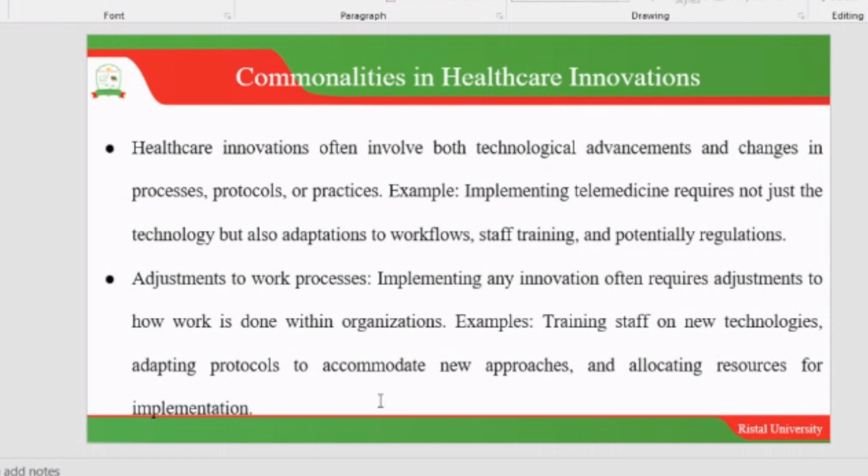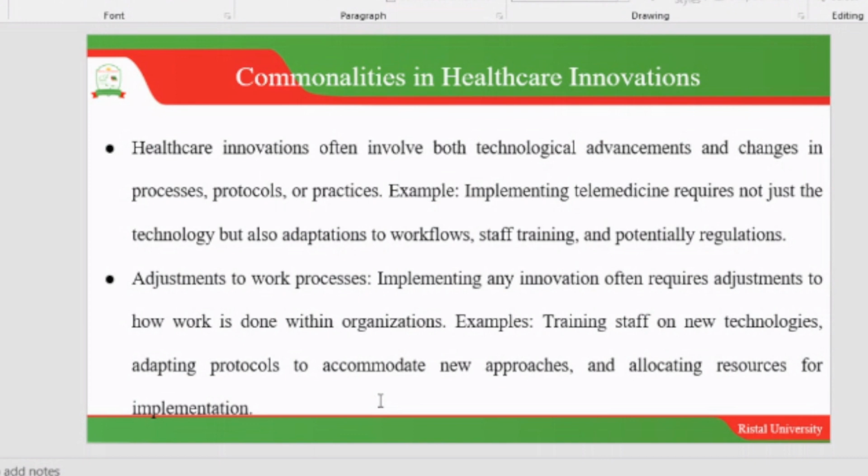For example, if you are going to have these mobile applications from which patients can get this online consultation and care, then you need to allocate resources to that.